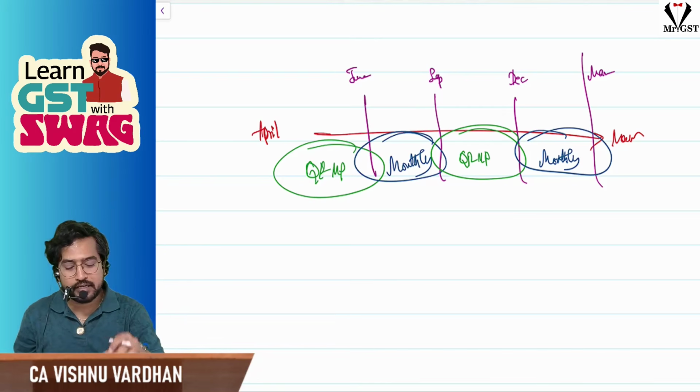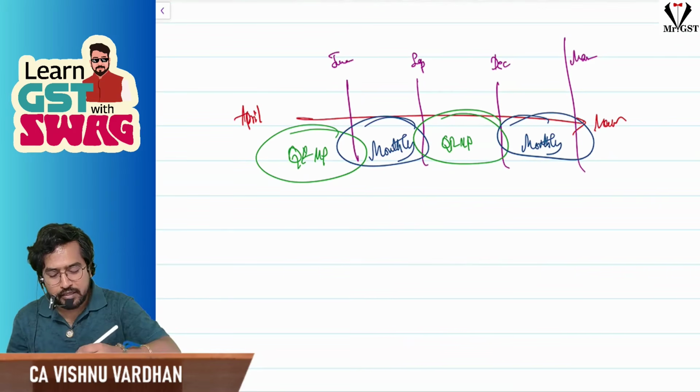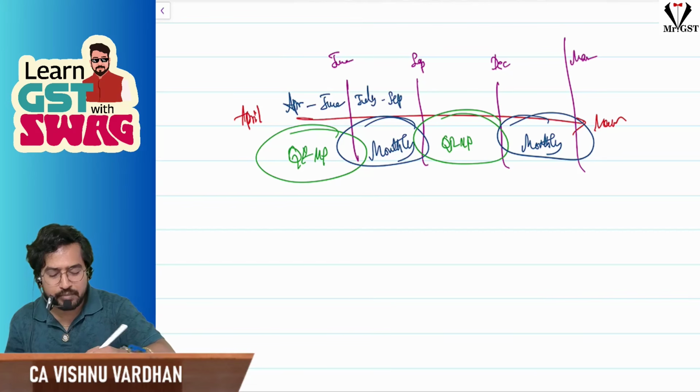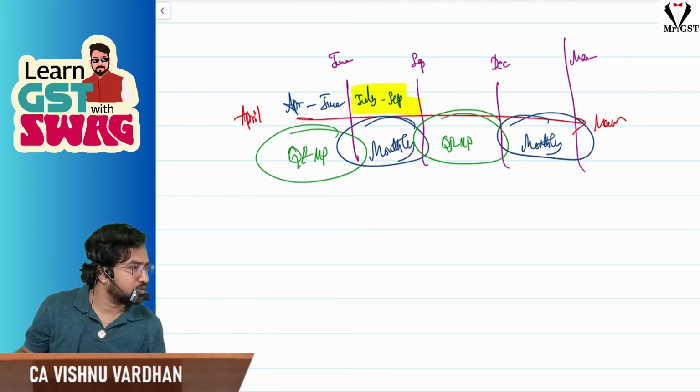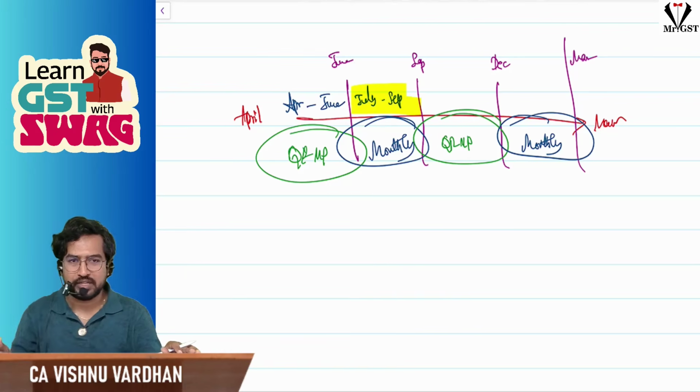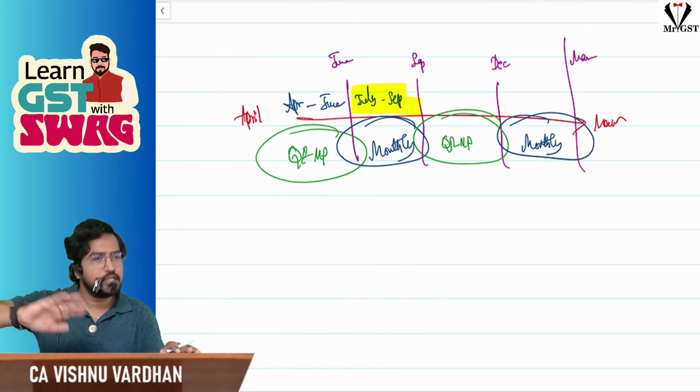Clear? Another crazy part is, this is the April to June quarter, correct? And this is July to September. For example, for the July to September quarter, you want to change. Maybe you are in QRMP and want to go to monthly, or you are in monthly and want to go to QRMP.